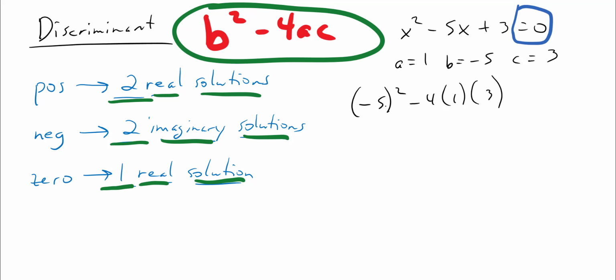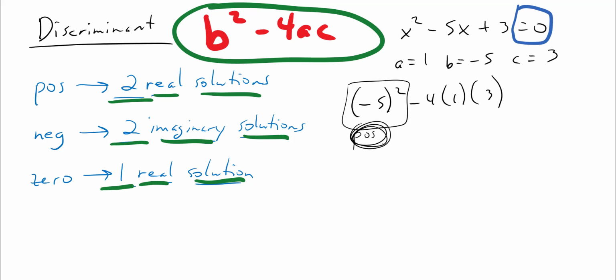Don't forget, when you're putting this in your calculator, don't just type in negative 5 squared. Make sure you type in negative 5 in parentheses squared, because if you type in just negative 5 squared, it's going to square the 5 and then make it negative 25. And guys, this is always positive. Always, always, always positive. So if you want, you can just type in 5 squared.